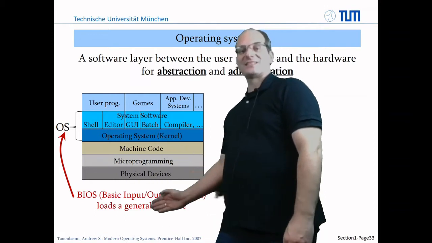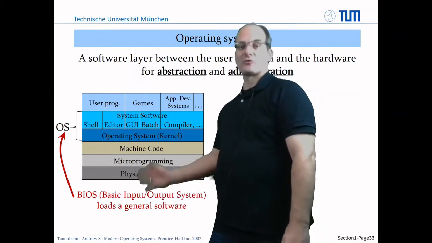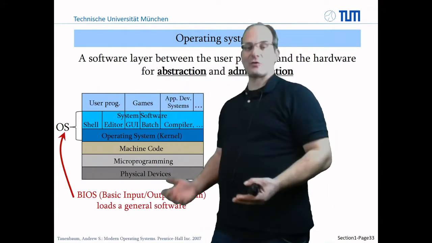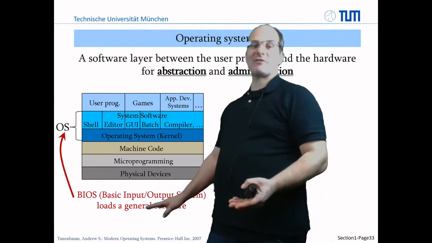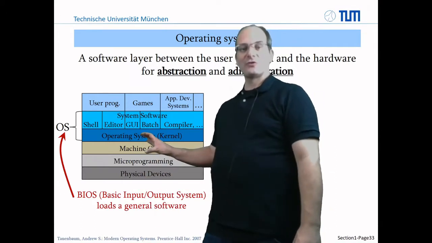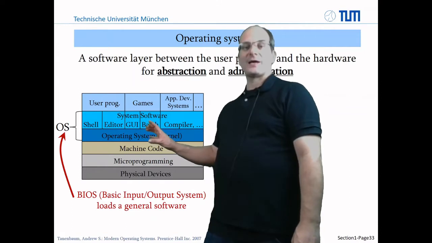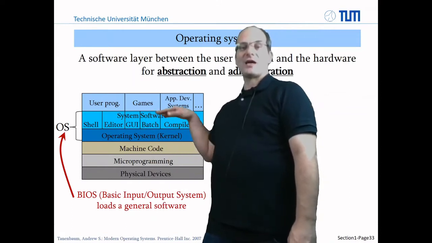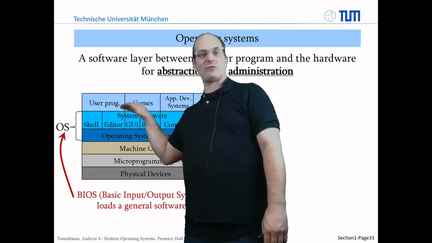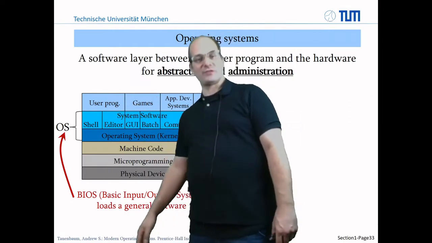This is what the computer brings with itself, so that you have a fundament of basic operations. Then you use the operating system in combination with this, and then you have these higher level things which you can define. For example, if you're able to program, you can do all of this.